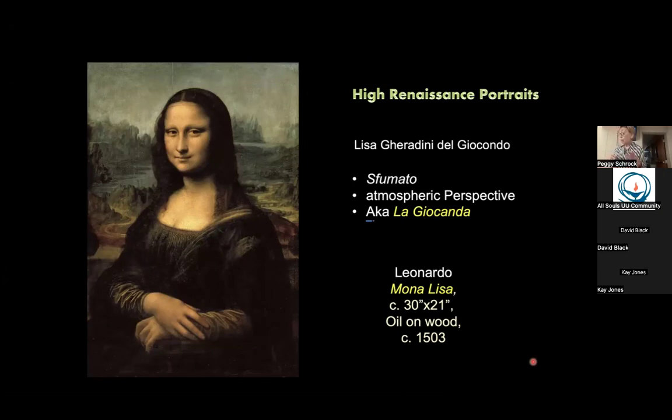It's short for Madonna Lisa, or Lady Lisa. Mona is short for Madonna, which means Lady. So it's a kind of personal way of referencing her and her title. It was a commissioned portrait. She is the wife of a prominent merchant in Florence.